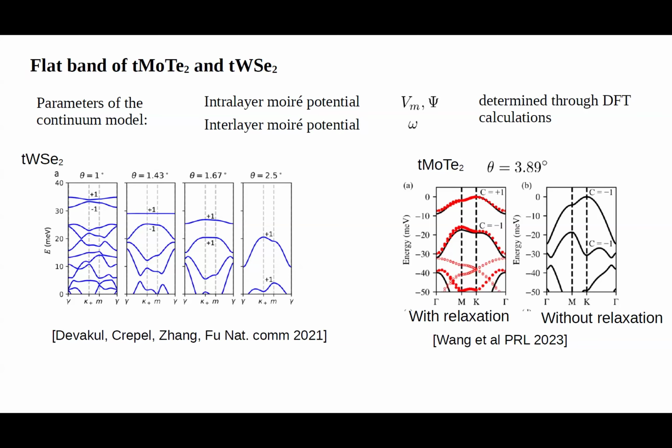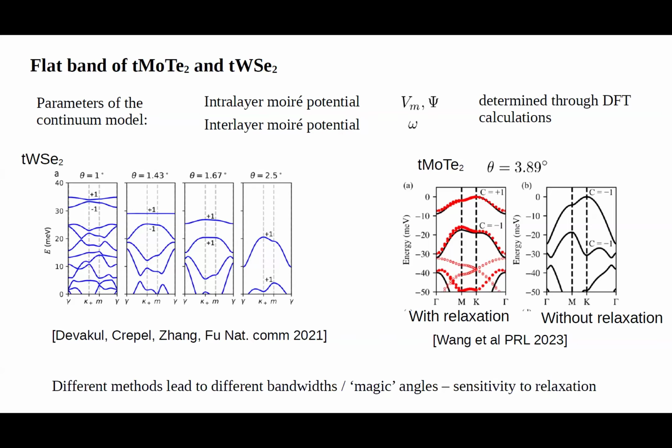So theorists had to come up with an explanation, and including more different parameters in the ab initio calculation was a way to reconcile this finding with the theory. But just to say that there's a lot of sensitivity to different things, and especially relaxation, meaning that your lattice is not perfectly rigid. Once you stack the two layers, there's actually some adjustments, and these are harder to take into account at the ab initio level.